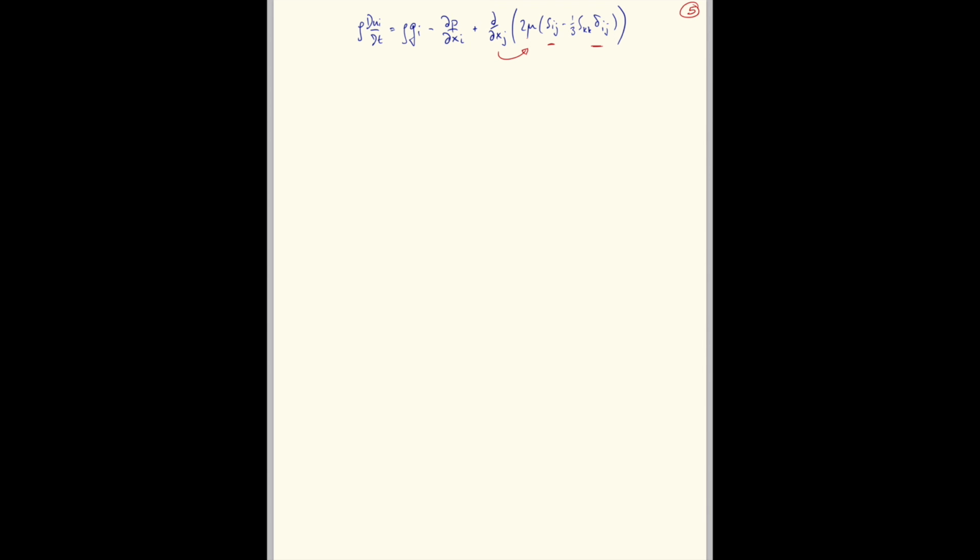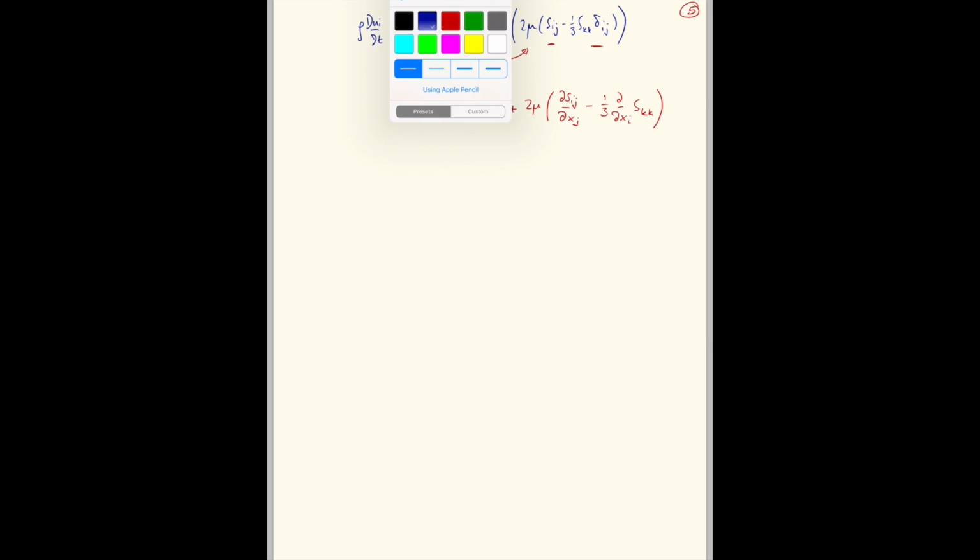And we'll see that d by dxj acting on the Kronecker delta again contracts to d by dxi. So I write this as... now let's look at the first term in the parentheses here in detail.